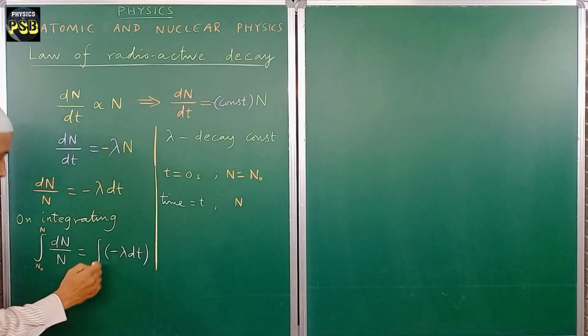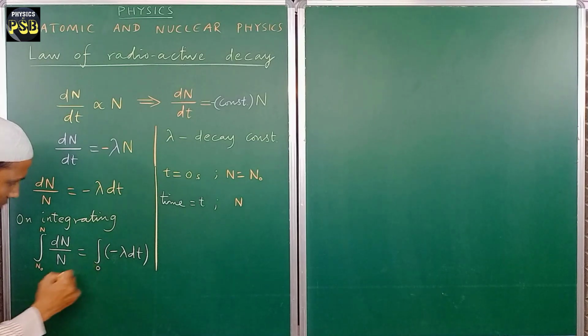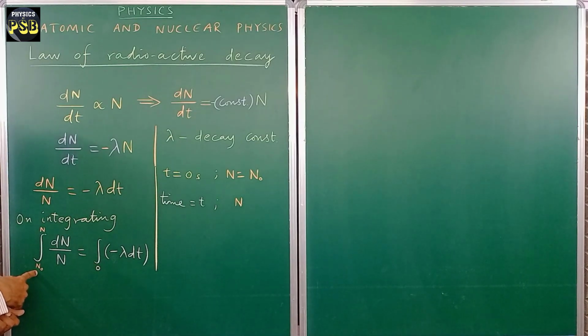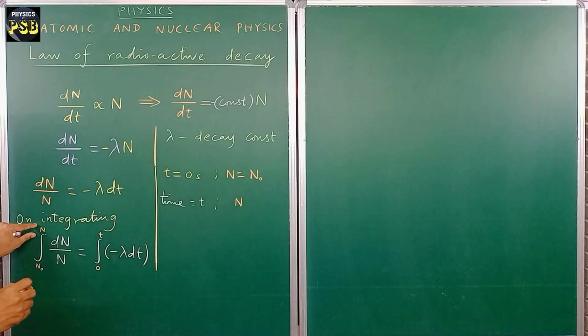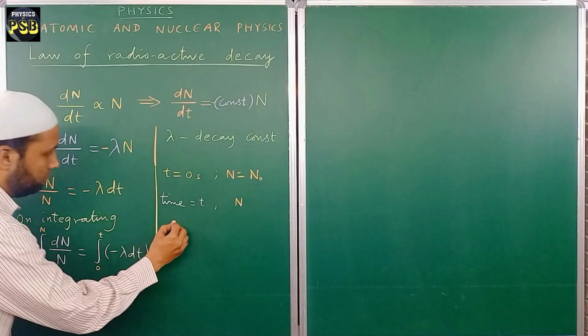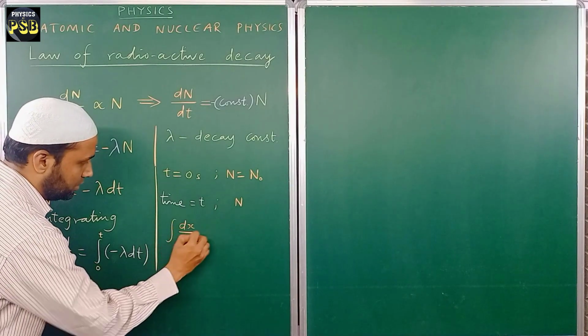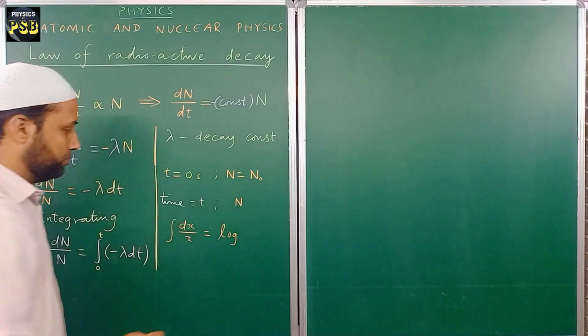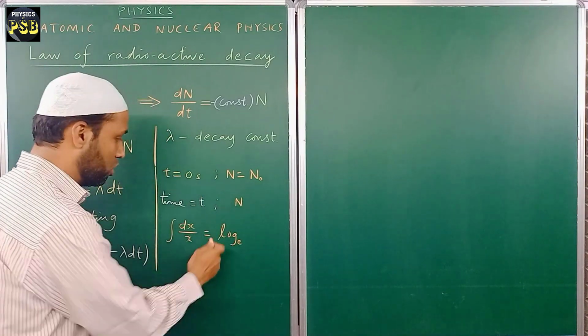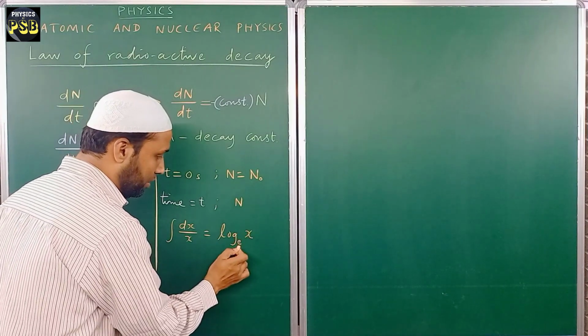Similarly, at time t equals 0, we have N naught number of nuclei, and when time is t, the number of nuclei is taken as N. So when I integrate this, see what I get. Suppose I have the integral of dx upon x, then I will get the natural log, or log of x to the base e.